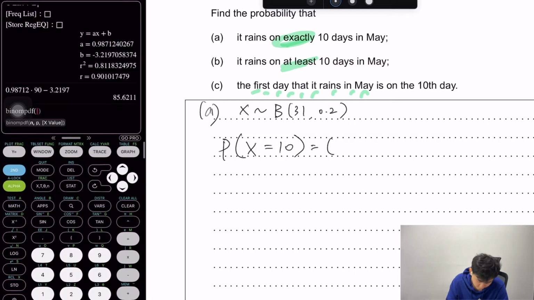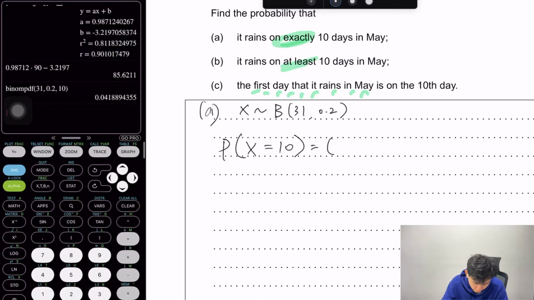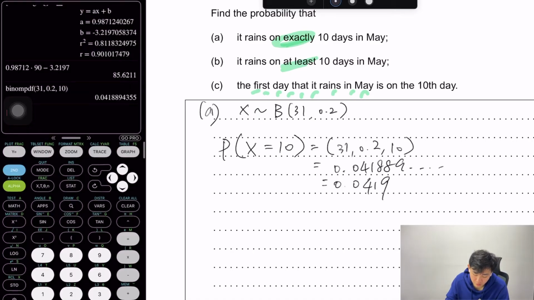N is the total number of trials, which is 31. Put a comma. Success probability 0.2. Put a comma. Exact number of events that we wanted to occur. We press enter. So we get 31, 0.2, and then 10. And that should be equal to 0.041889, which is equal to 0.0419, correct to three significant figures.